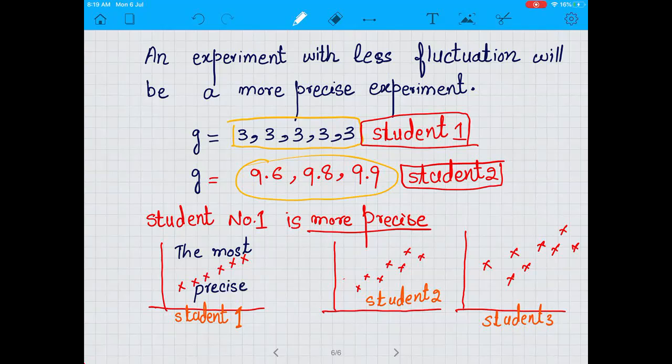So if the data has less fluctuation, then it is more precise. And student number 3 is the least precise. So data achieved by student number 3 is the least precise, and data achieved by student number 1 is the most precise. That is the main thing. So this was about precision. Precision is about repeatability or consistency.